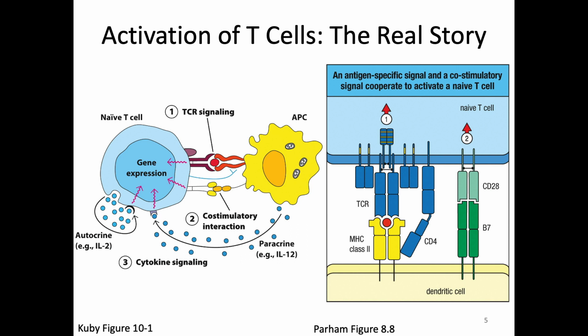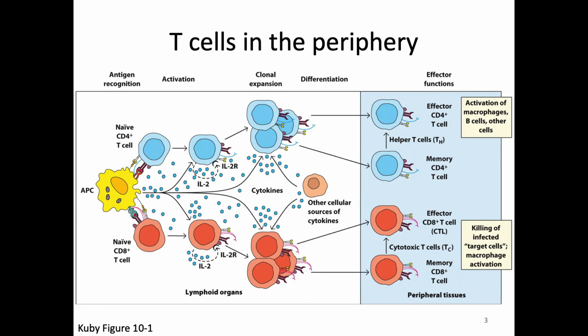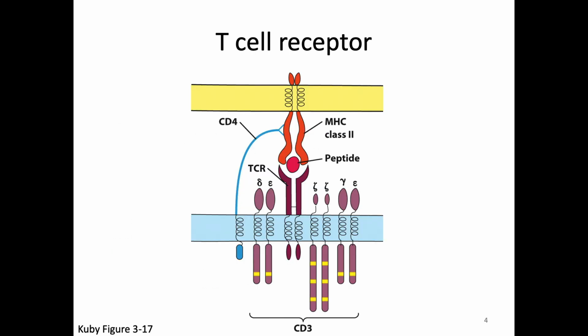If you go back to this slide, you can again see cytokines being really critical here. We are going to talk a little about one of those cytokines today called IL-2, but it is not the only cytokine. When we talk about IL-2 later today, that will be a part of signal 3, but it's not the only part, and we'll see some other parts of that later on. So like I said, today is really about signal 1, T cell receptor signaling.